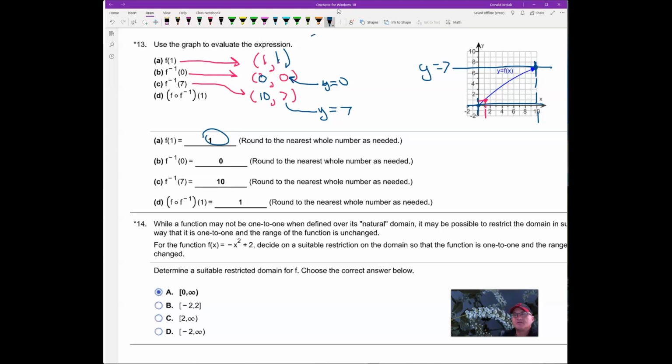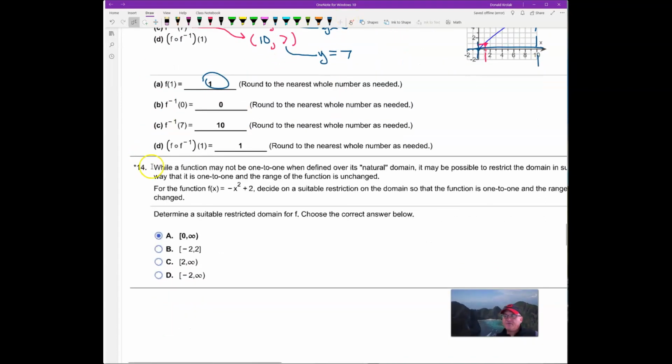So when you're looking at this notation, guys, when you have a number here, that's asking you to figure out, if x is 1, what's the missing y coordinate? Okay, now if you had this, and this was a 1, now that 1 is really the y coordinate. What's the missing x? Because of it being the inverse.